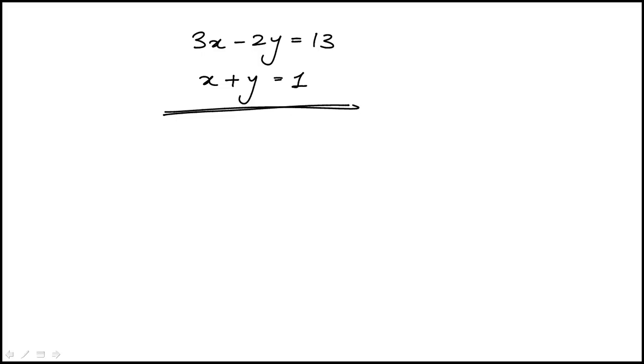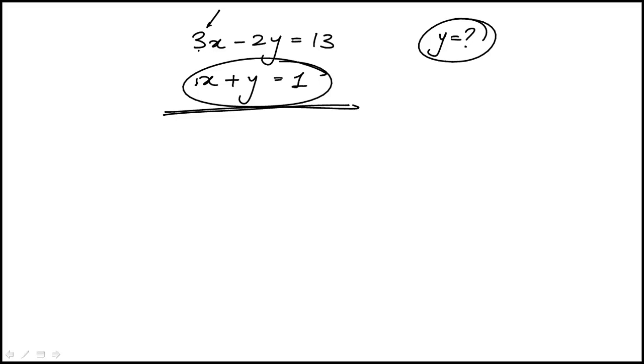Now, we could also do other ways. We could, if we chose to, let's say, solve for y directly. So our choice earlier was to actually solve for x. It was easy to eliminate y, but let's say the question was asking for what is y. In that case, it might pay to directly solve for y, which means get rid of the x term. So I'm going to try to match these two. So multiply the bottom one by 3. So that becomes 3x plus 3y equal to 3.